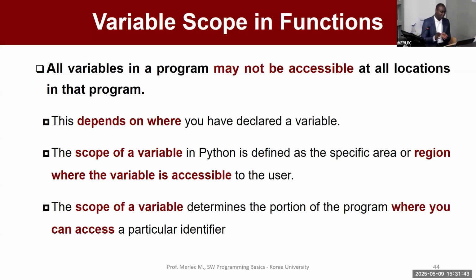The scope of a variable in Python is defined as the specific area or region where the variable is accessible to other parts of the program. So the scope of a variable determines the portion of the program where you can access a particular identifier for an object, which can be the name of a variable.